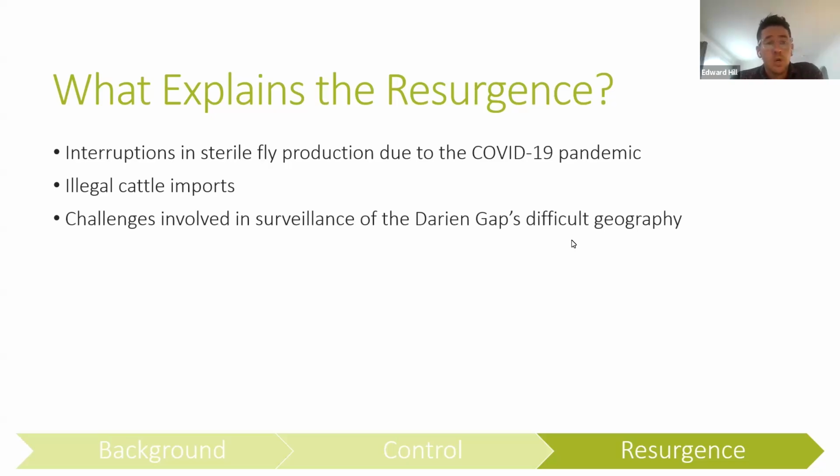I don't exactly know why surveillance is so difficult in the Darien Isthmus, but it's a commonly cited reason why this epidemic has reemerged.